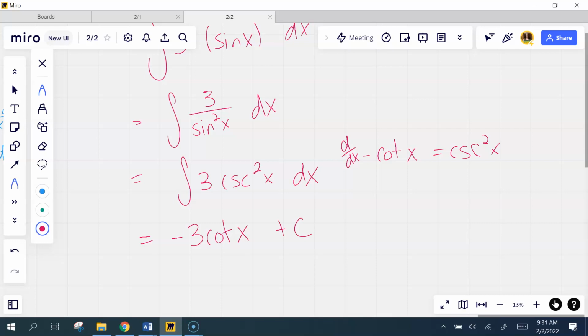That's when your du has a 3 in it, a coefficient in there or something. Yes, that's when you would do it. We didn't need it here. It is u-sub, but you really didn't need it here.